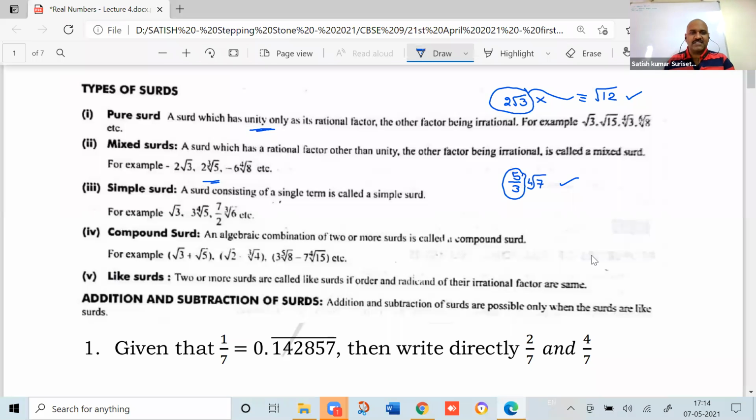Next, simple surd. A surd consisting of a single term is called a simple surd. Now, root 3, 3 into cube root, fourth root of 5, 7 by 2 cube root of 6, etc. These are all simple surds. In this, tell me about root 3.